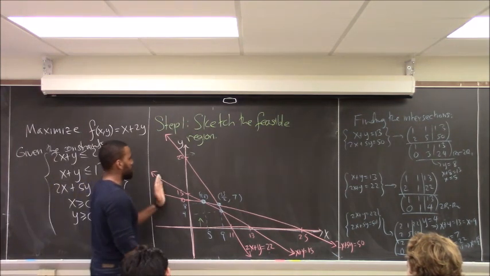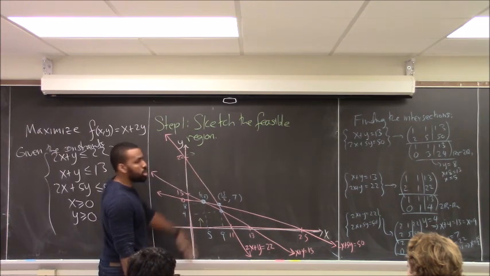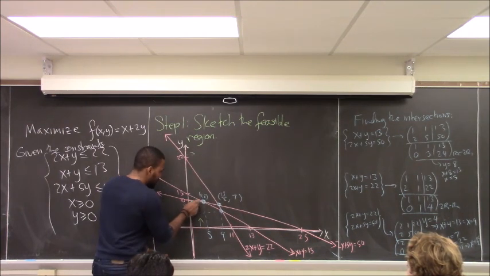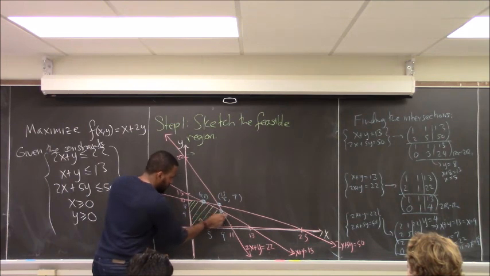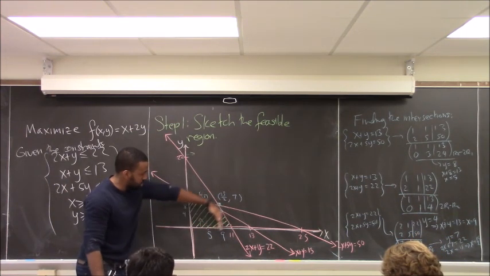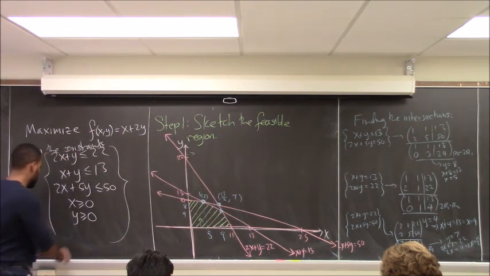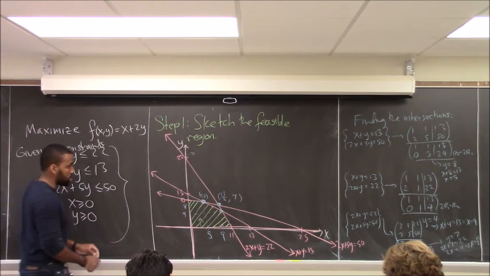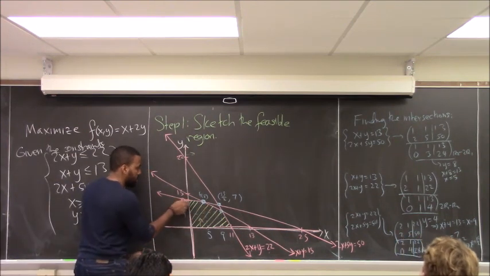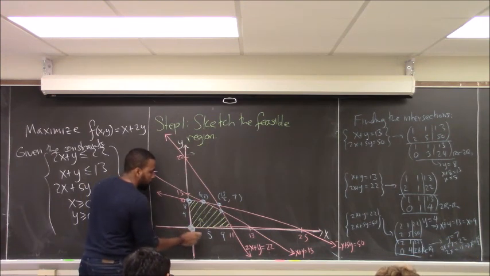So I want to be to the right and up, but every other line present, I want to be below them, which means that that's my feasible region here. That's under this line, it's also under this line, it's also under this line. So it forces us over here, which means there are a couple more points of interest. Didn't even care about that one really. This one, that one, and that one.